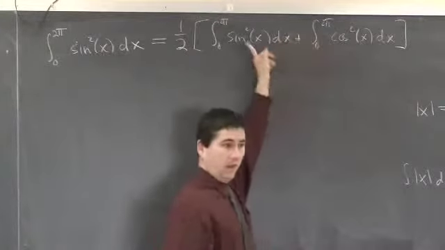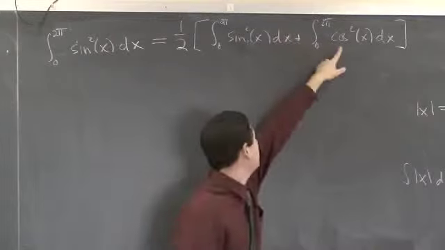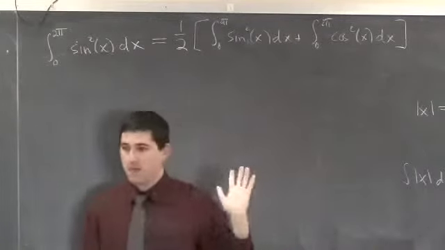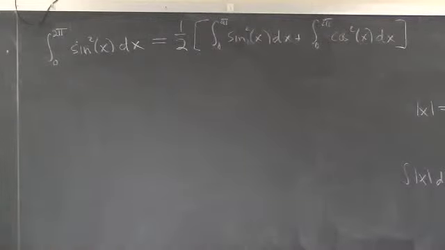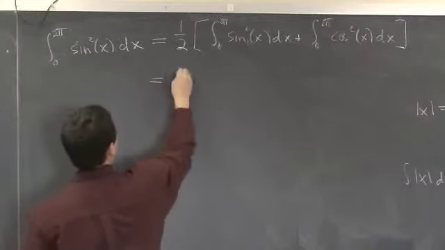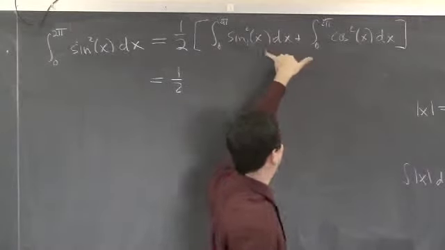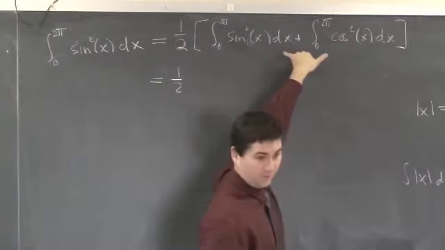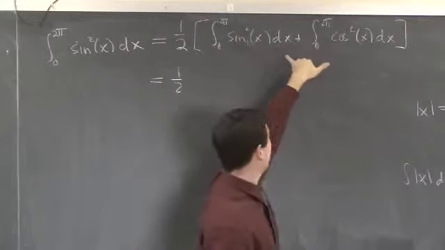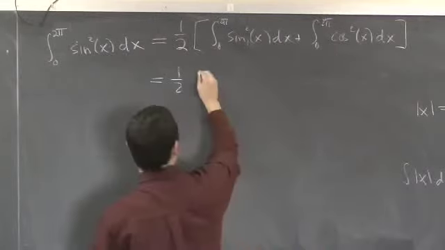Because these integrals are the same thing. Sine and cosine aren't the same, but if you look at those integrals, they have to be the same. So if you add two of them, you get twice as much, so you have to get rid of half to get back what you want. I have two integrals. The sum of the integrals is the integral of the sum.